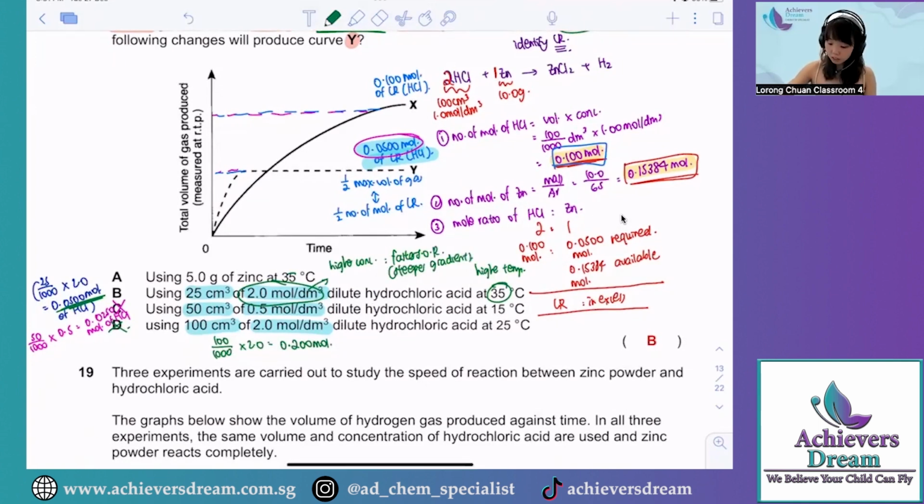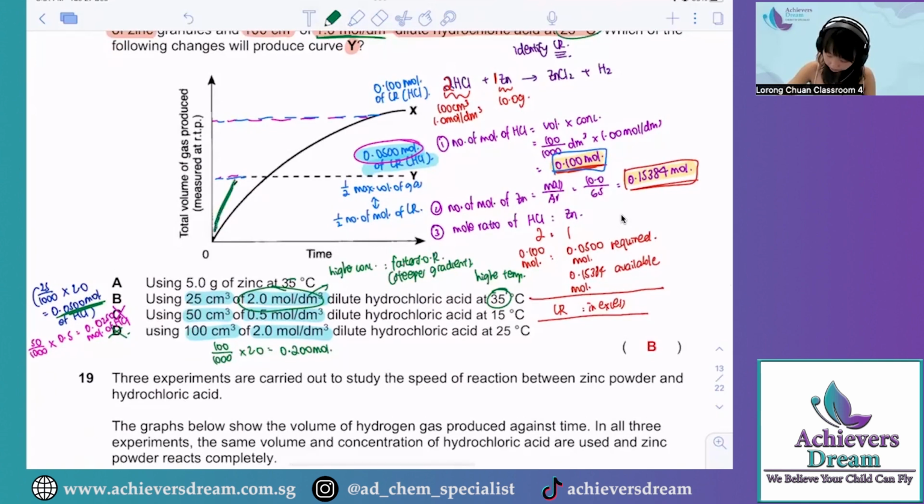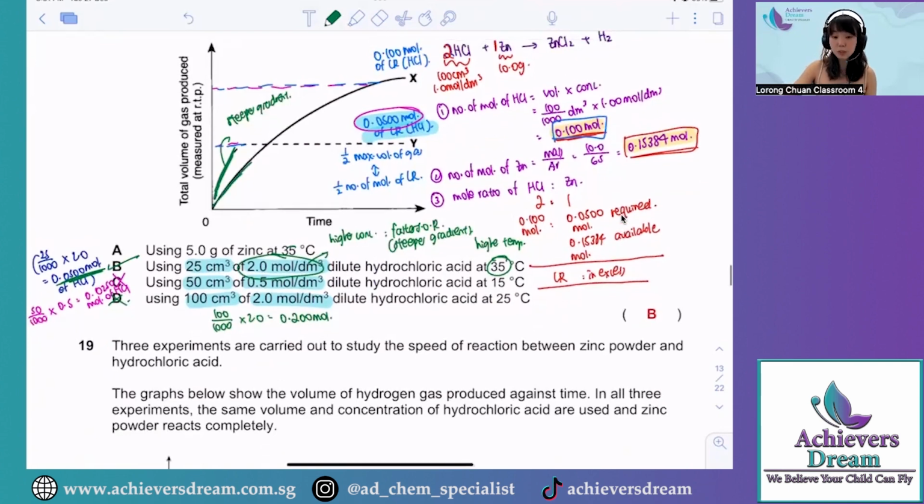And if you look at the curve, curve Y has a steeper gradient. So all the factors do tally with the graph as well as the number of moles of your limiting reagent. So the answer will be option B.